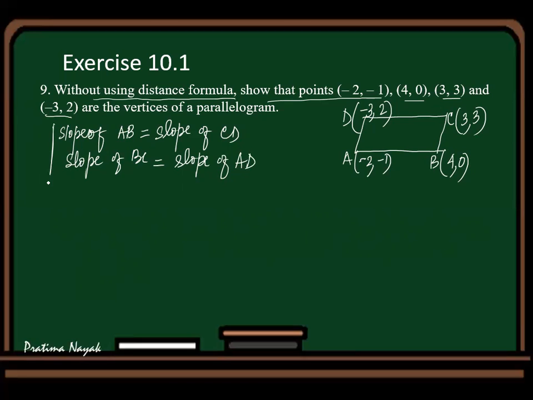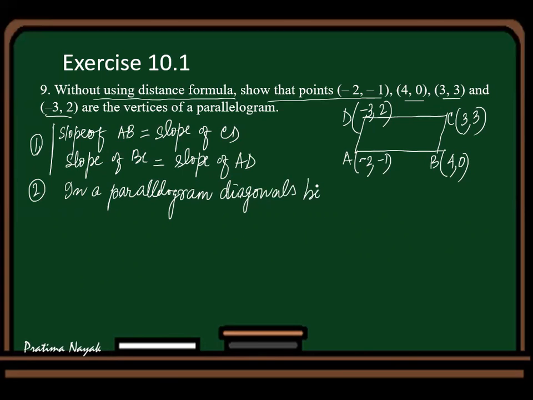But I won't show this method. I'll go for another method. What is that method? In a parallelogram, diagonals bisect each other. Diagonals bisect each other. What does it mean?